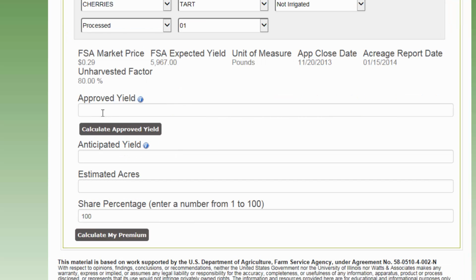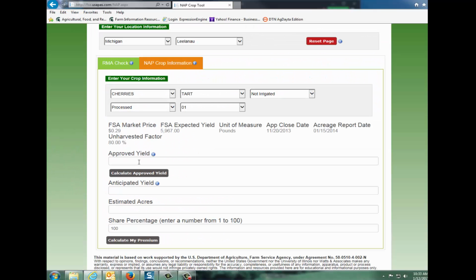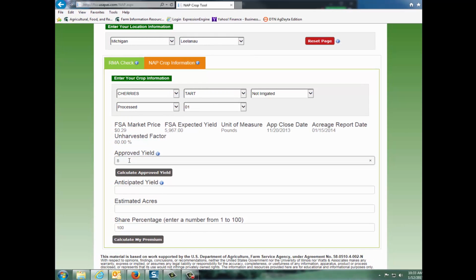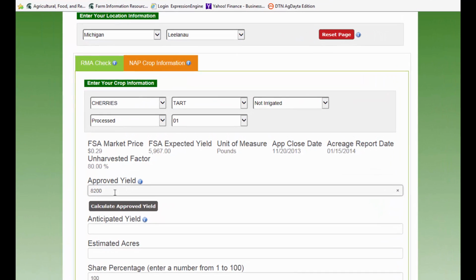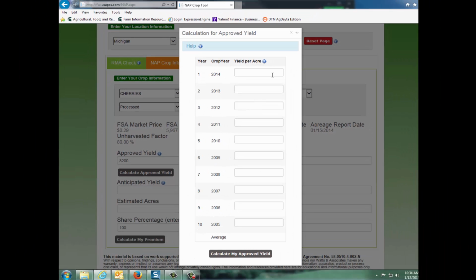The next thing you have to do is put in an approved yield, and we can do that in two ways. It may be that you know what your approved yield is, then you can just type it in. For example, 8,200 pounds per acre. The other way you can do it is to calculate your approved yield, and you can put in these blanks.